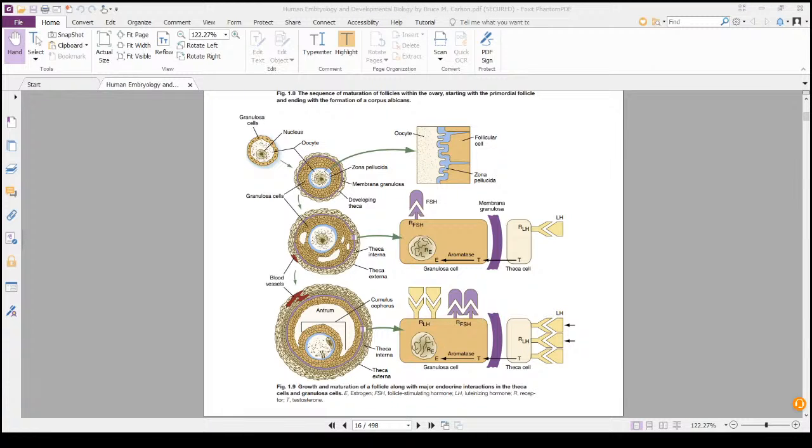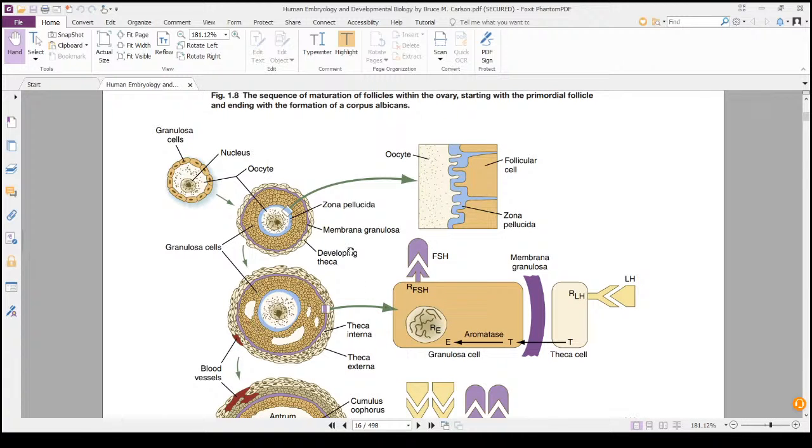After the secondary follicle is produced, a basement membrane is also produced. If I zoom in on this image, you will see this is the basement membrane, this one in the violet, known as membrana granulosa. This is the basement membrane which is produced.